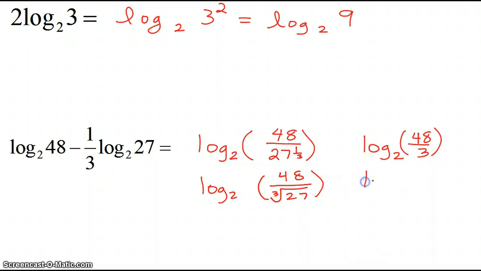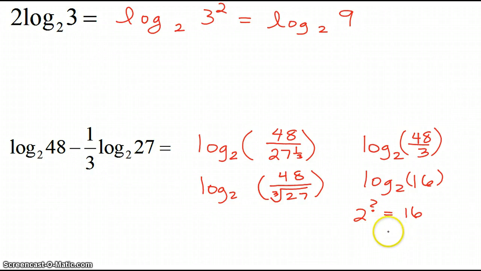So I end up with log base 2 of 16. And then I'm still not sure, am I really done? So I ask myself, 2 to the what power equals 16? And I can see that it's going to end up being 4. So this whole thing actually simplifies just into a plain 4.